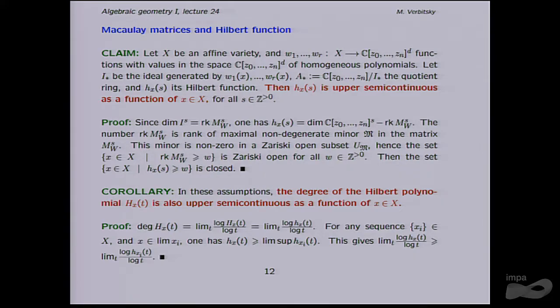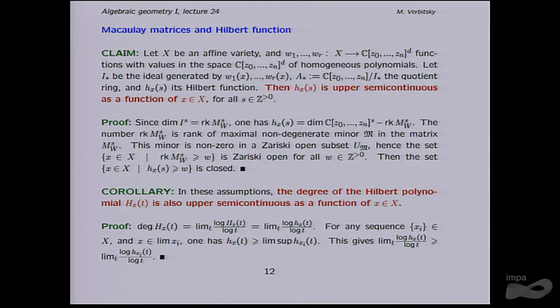Then HA of S is upper semi-continuous as a function of x inside X. So you evaluate that at every point like we did last time. How do I prove that?